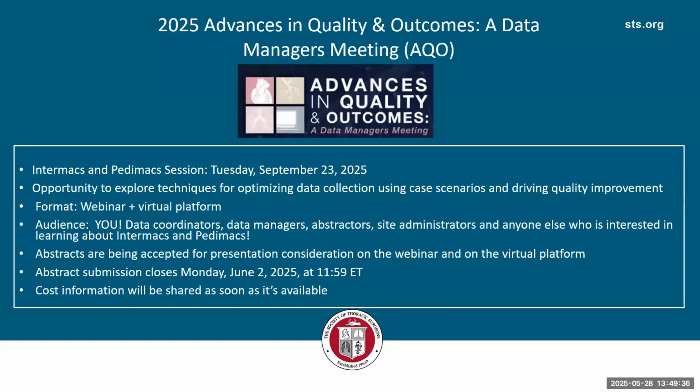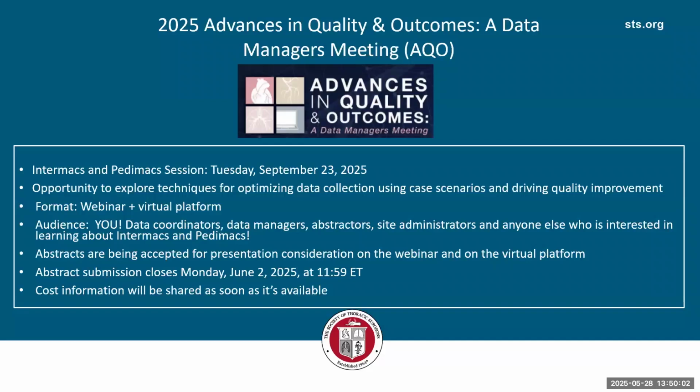We're currently working on our program, and we want to provide the content that is pertinent to you being able to do your job. We also are accepting abstracts for presentation consideration on the webinar, and also on the virtual platform.